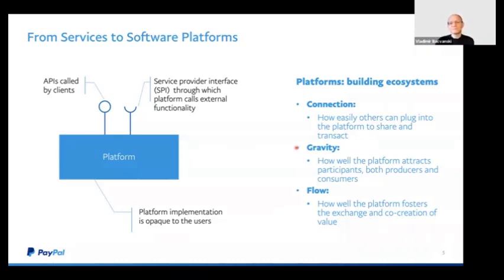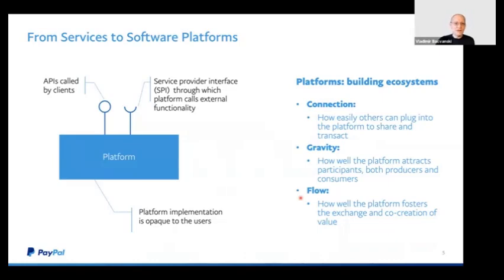And finally, the platforms need to provide a notion of flow, and that is the flow of exchanges of values. Basically, that indicates how easy it is to combine the services of the platform, to build new products, to create new experiences, something that is not possible by using services alone. So it's the further evolution of services, particularly going to larger systems.